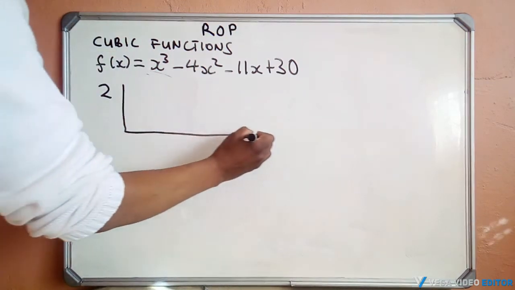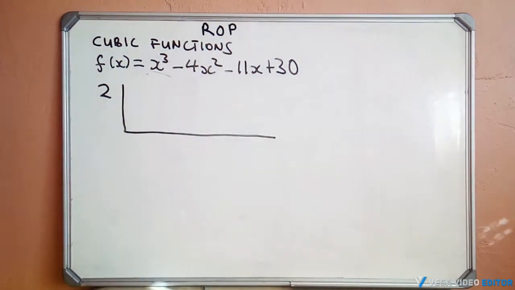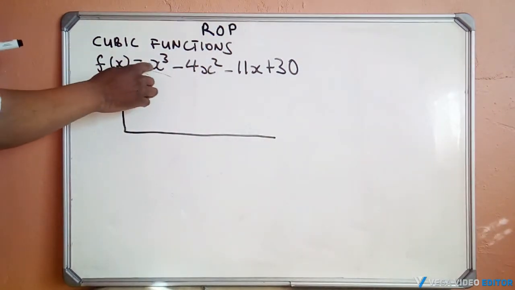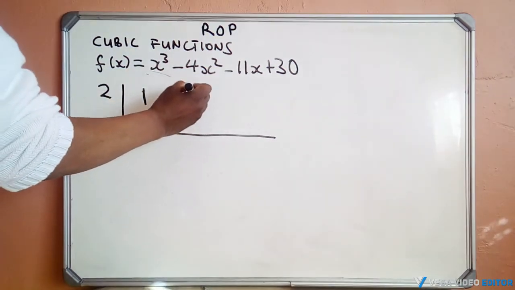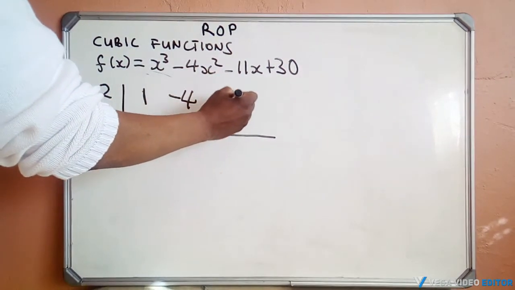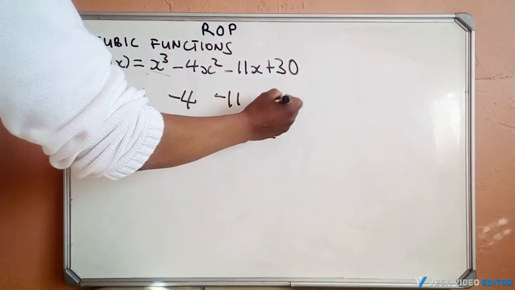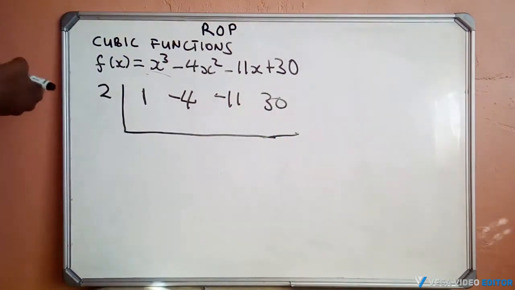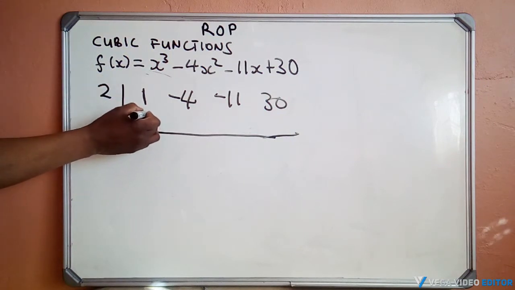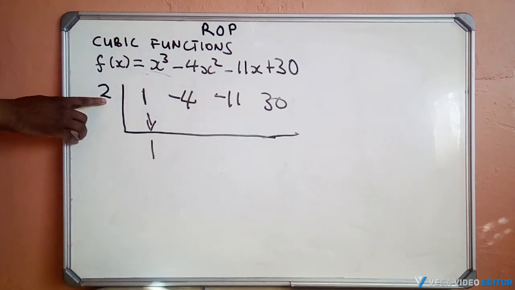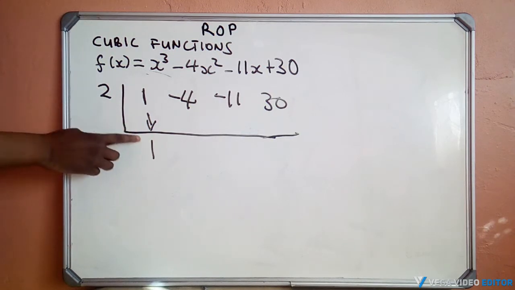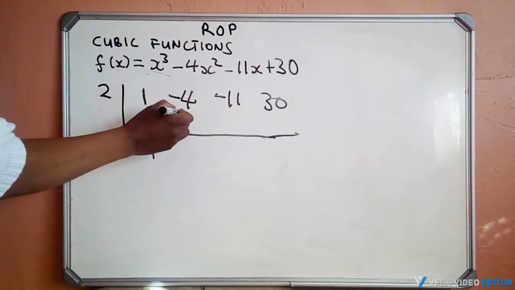Then we take the coefficients: 1, minus 4, minus 11, and 30. Automatically, you bring down the 1. Next, you multiply 2 times 1, which gives you 2, and you write your 2 right here.